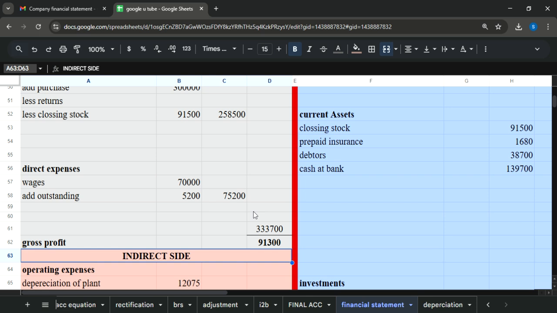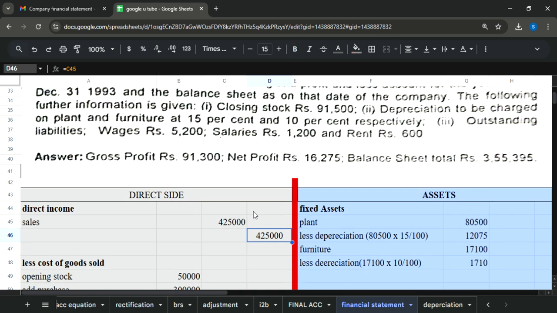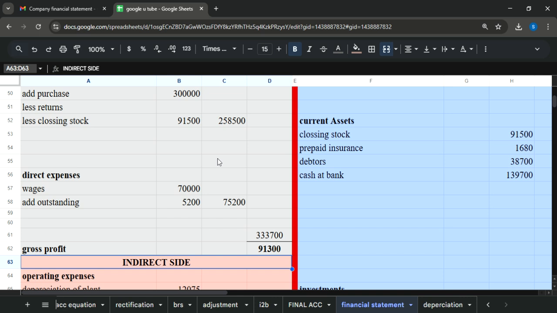That was the difference of sales and cost of goods sold. Let's see what book answer is saying, and look at here, gross profit is 91300. It means 1 out of 5 parts we have solved, answer is matched.